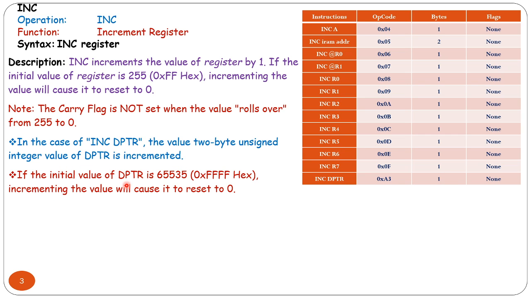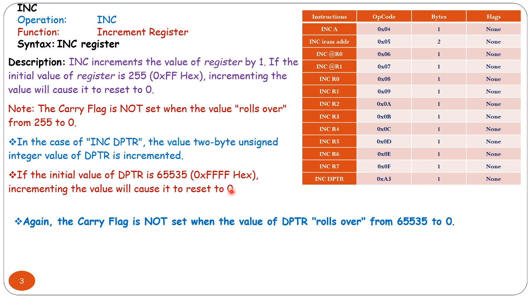If the initial value of DPTR is 65,535, that is FFFFH in hexadecimal, incrementing the value will cause it to roll over to 0, from last to first. Again the carry flag is not set, though this happens. So these are the instructions belonging to this instruction set.